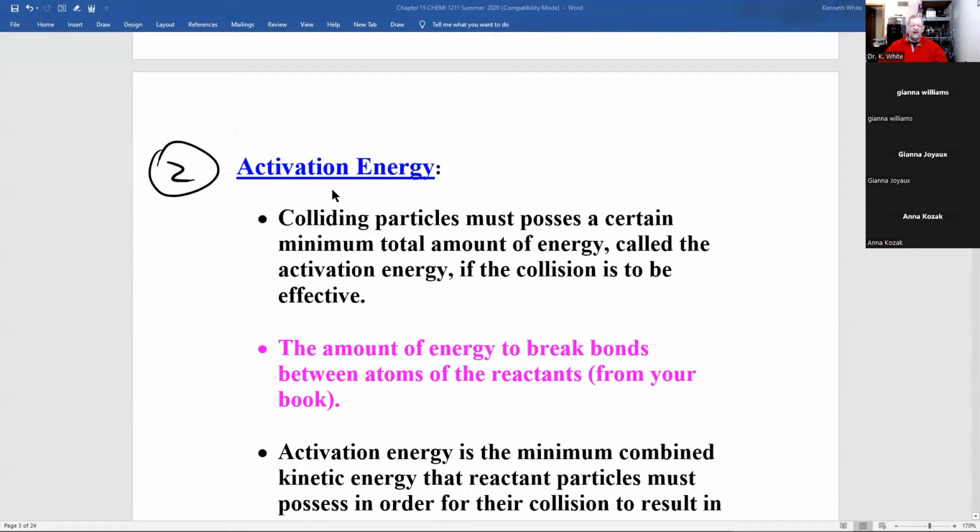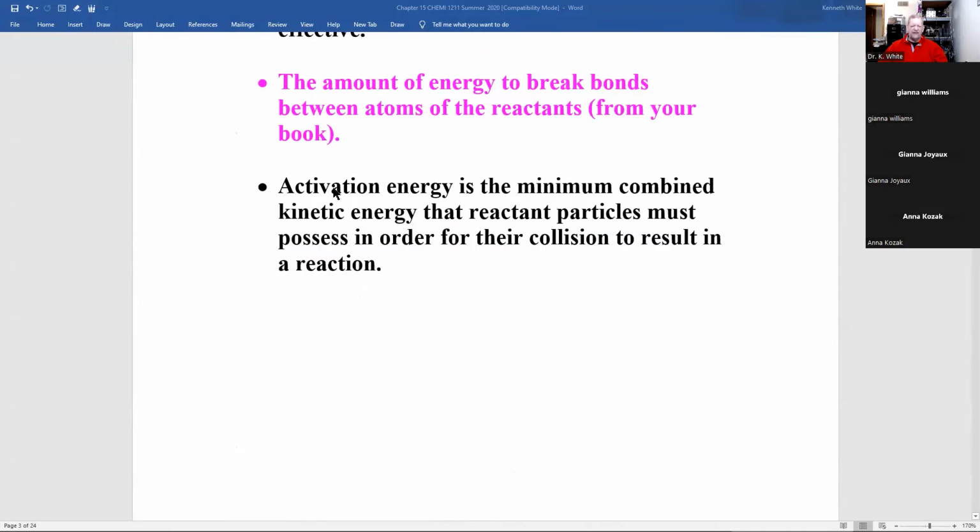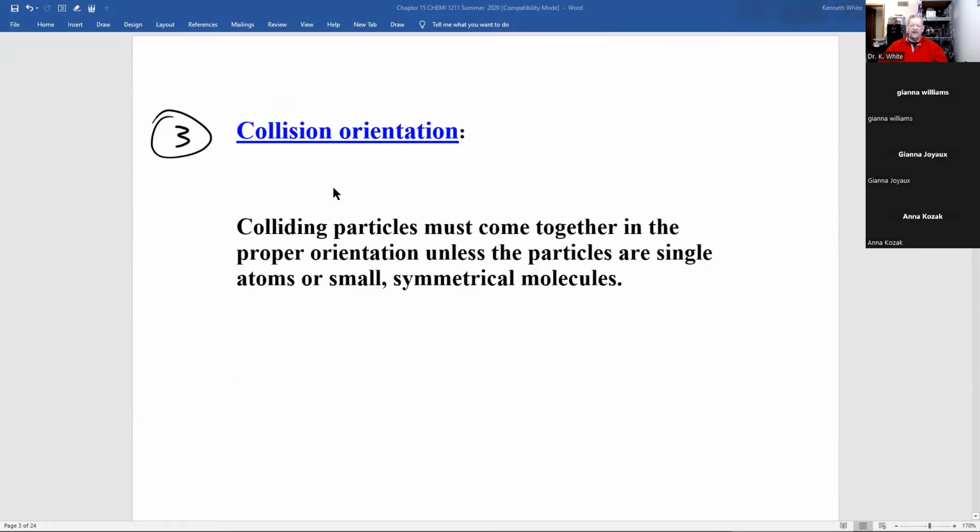And you should know that energy is called activation energy. And finally, for larger molecules, when they collide with the right amount of energy, they also have to have the right orientation in order for a reaction to occur. And that's the collision theory.